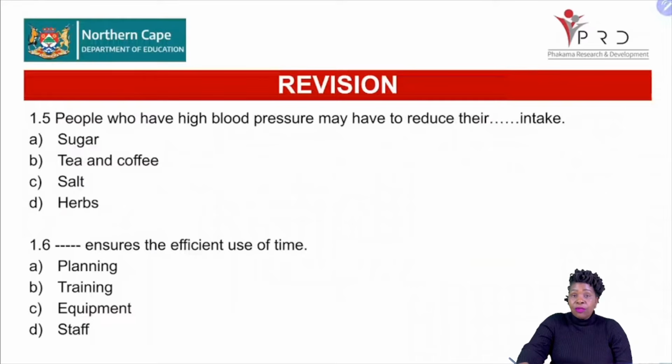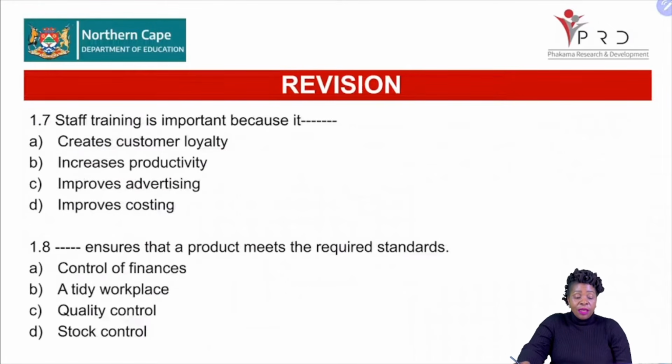Right, let's move on to question 1.7 and 1.8. 1.7 says staff training is important because it A, creates customer loyalty, B, increases productivity, C, improves advertising, and D, improves costing.